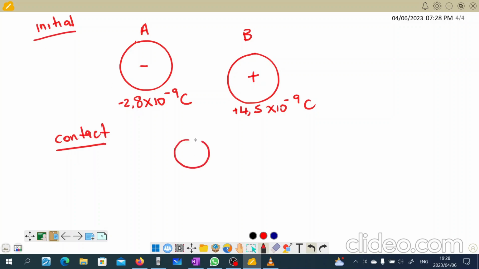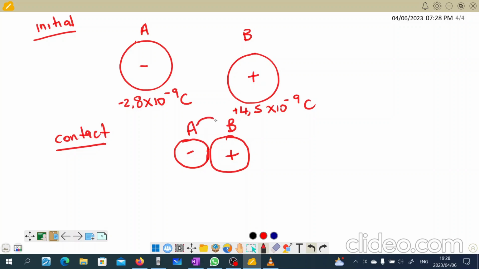So now they are in contact. Okay, let me do this correctly. Now they are in contact with each other. Okay, that is sphere B, that is sphere A, even though they are not the same in size. Alright, this is A, that is B. Which side will electrons move?